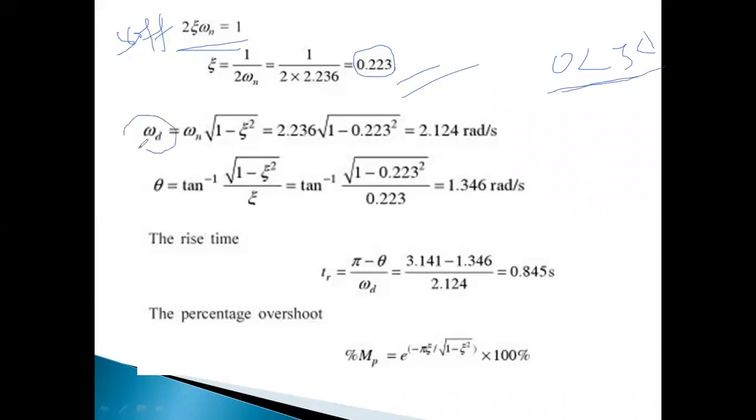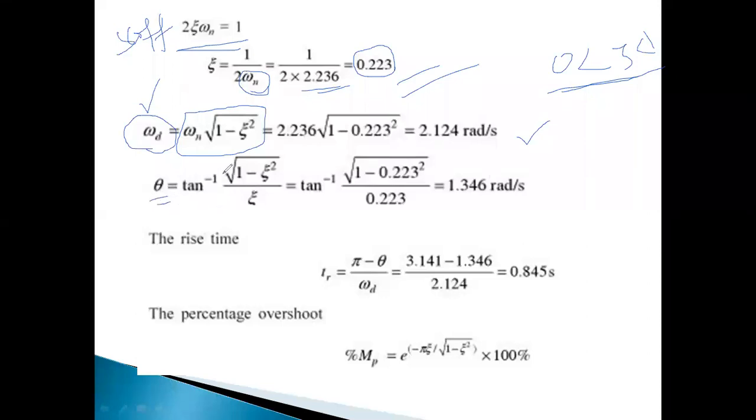We can also find ωd using the expression ωd is equal to ωn times the square root of 1 minus ζ². So we get the damped natural frequency. ωd is the damped natural frequency, where ωn is called the undamped natural frequency. We can find the ωd value, and also the theta value.